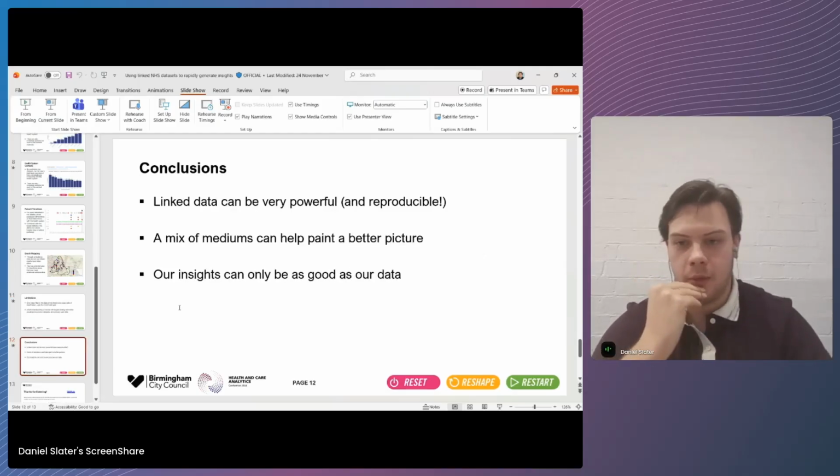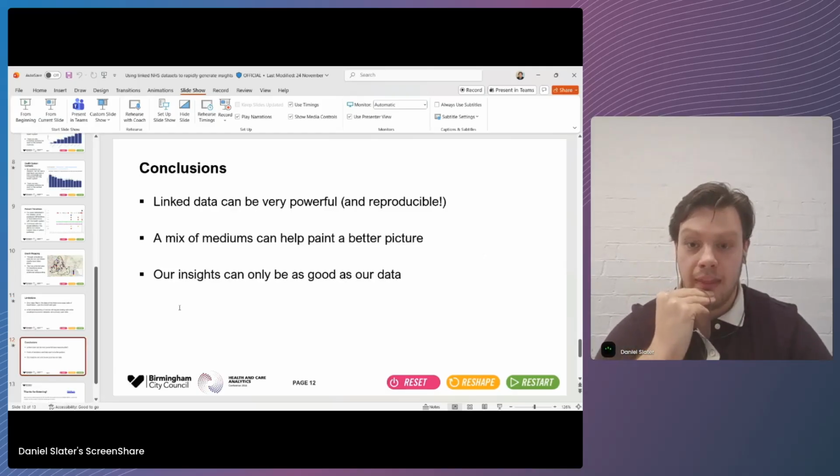So, some takeaway conclusions. Linked data sets can be really powerful. We've managed to do some things in this report that can be hard to do otherwise, and some really unique things. I think the mix of mediums works quite well in painting a better picture. You get the broad stats and individual timelines, which gives you the best of both worlds in understanding these people's pathways.